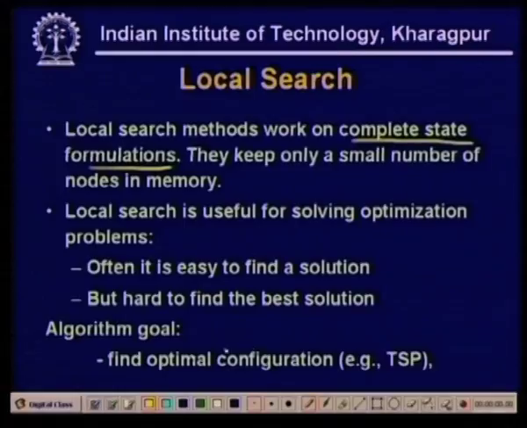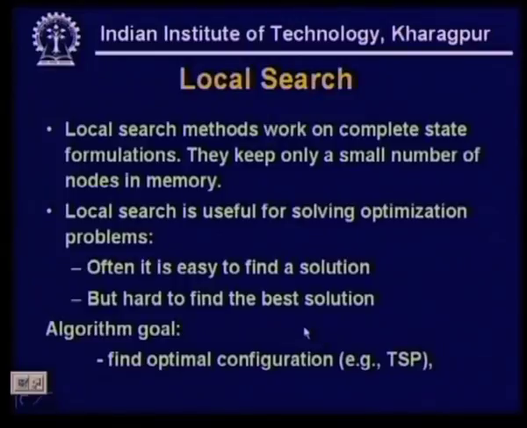It is easy to get one solution to the problem because any permutation of the cities is a solution, but it is difficult to get the best solution because there are n factorial such permutations and we do not know an efficient way of finding the best permutation in polynomial time. So, in TSP the objective is to find the optimum configuration, which is difficult to find. We do not know a good algorithm to find it, but if we just want to find a solution, it is easy.